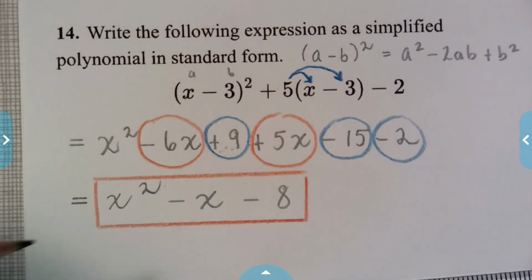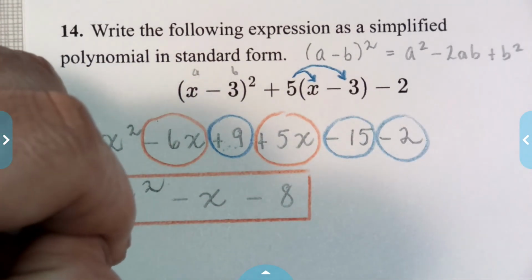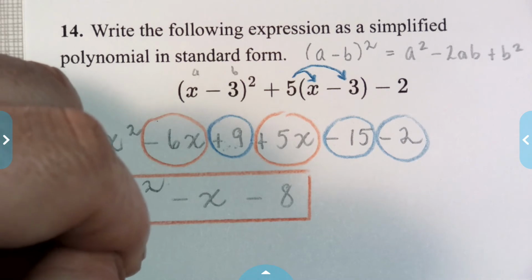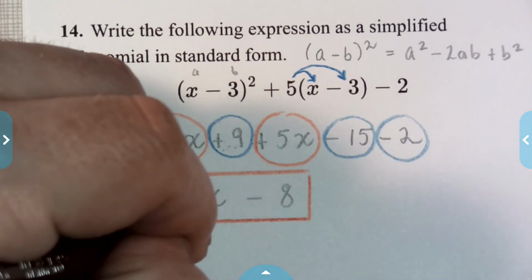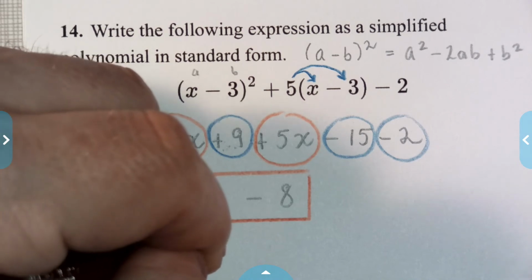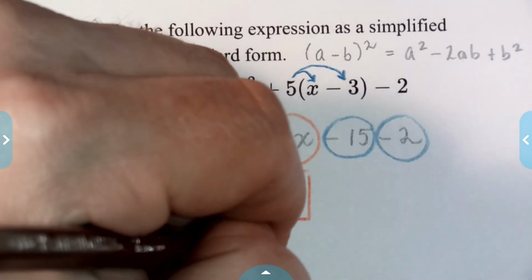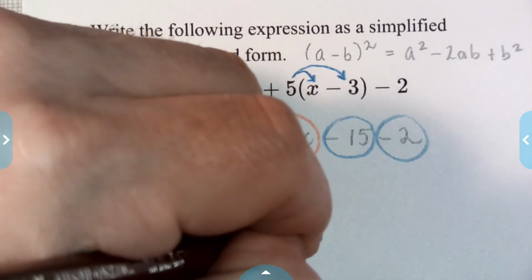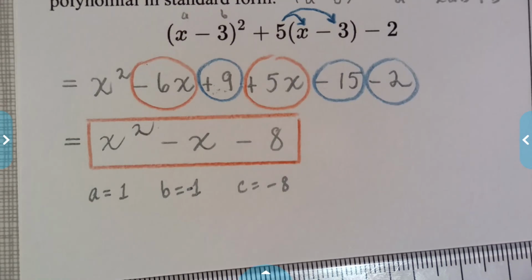What's A, B, and C here? A equals 1. B equals negative 1. And C equals negative 8. Okay, just keep that in mind.